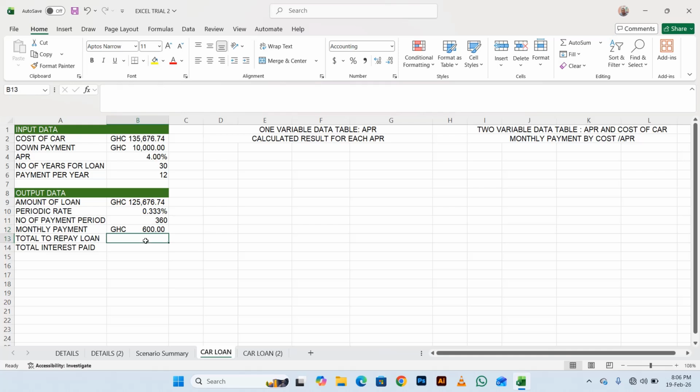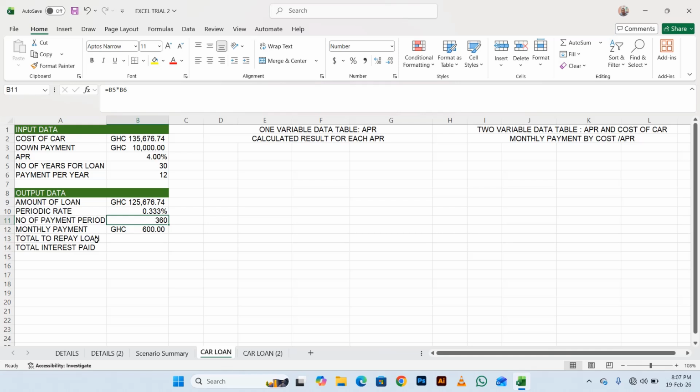Okay. So now you come to the total to repay loan, and then total interest paid. They said you are going to pay a monthly payment of 600, and you are going to pay the loan 360 times. And they're asking for the total to repay loan.